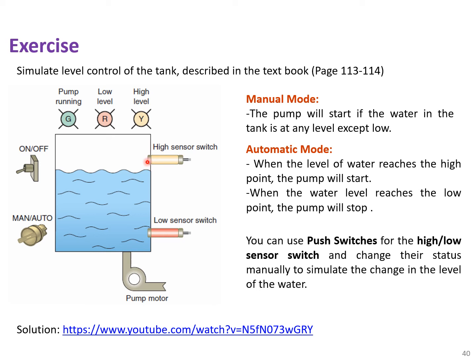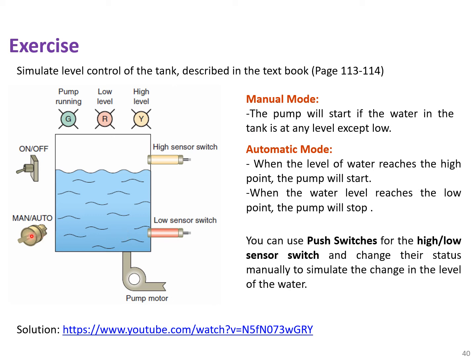In our program, we need to consider these specifications. We want to satisfy these specifications here. In the manual mode, the pump will start if the water in the tank is at any level except low.